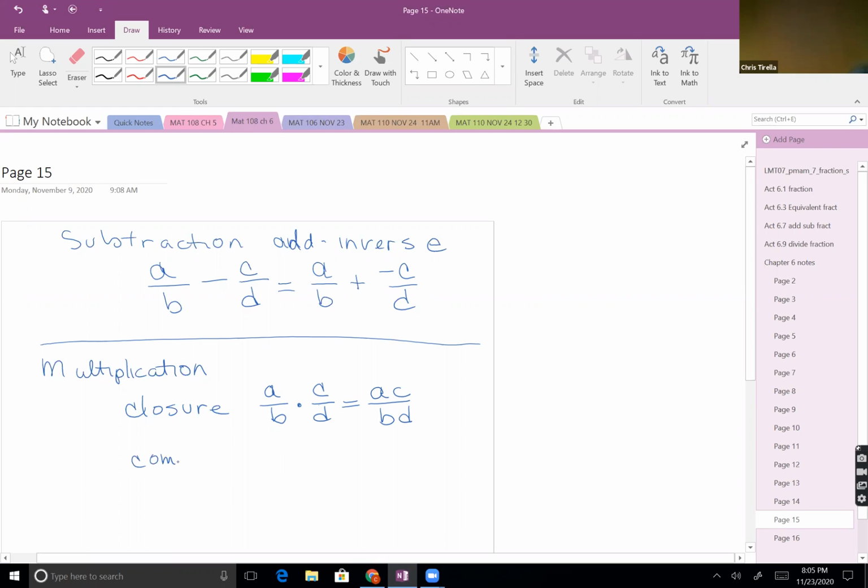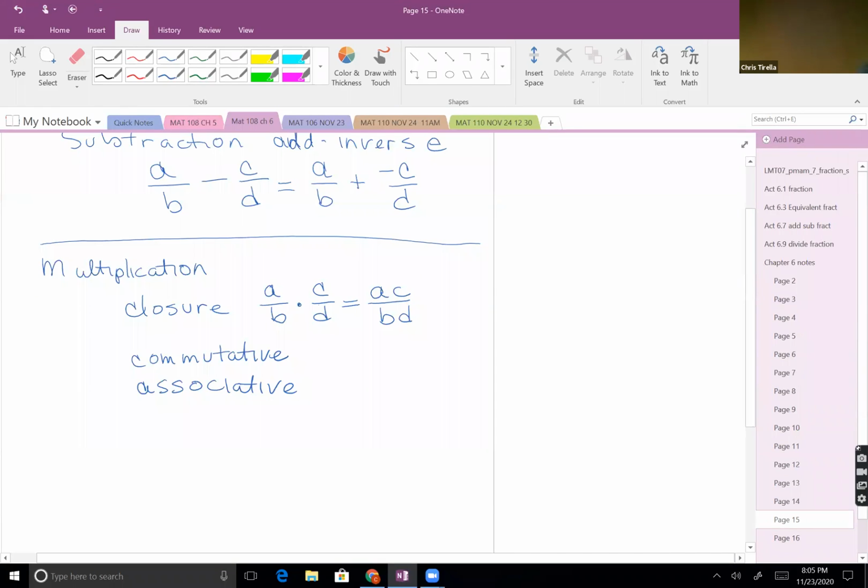Multiplication will be commutative, because the integers that make up the numerator and denominator have that commutative property of multiplication. Multiplication can be associative. And then we can say that multiplication distributes over addition.